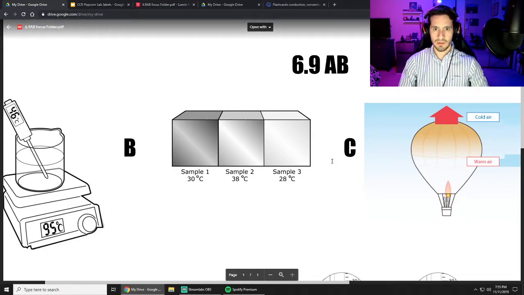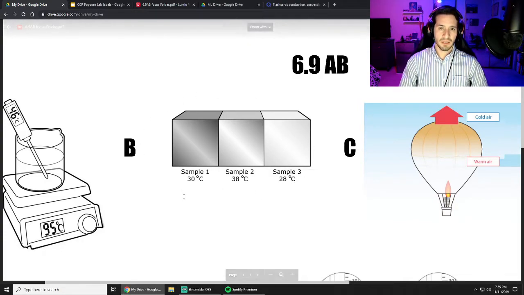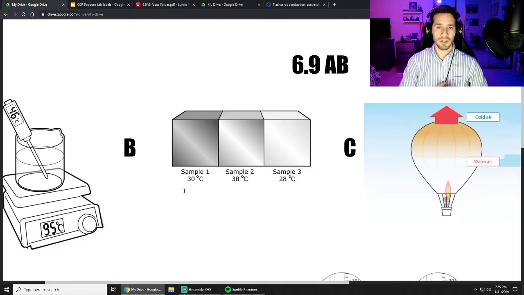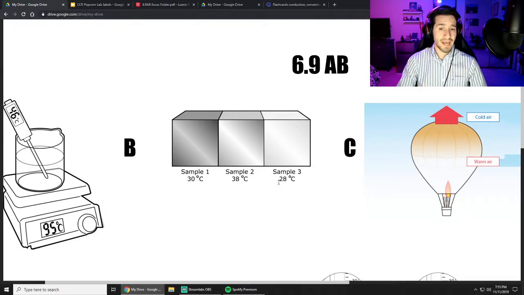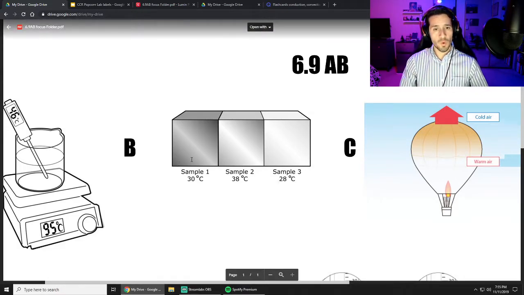Now, let's take for example the sample 2, in this little graphic in our focus folder. Let's take sample 2 with 38 Celsius degrees. We do have a sample 1 with 30, and we do have a sample 3 with 28. But which one is hotter? This one right here.